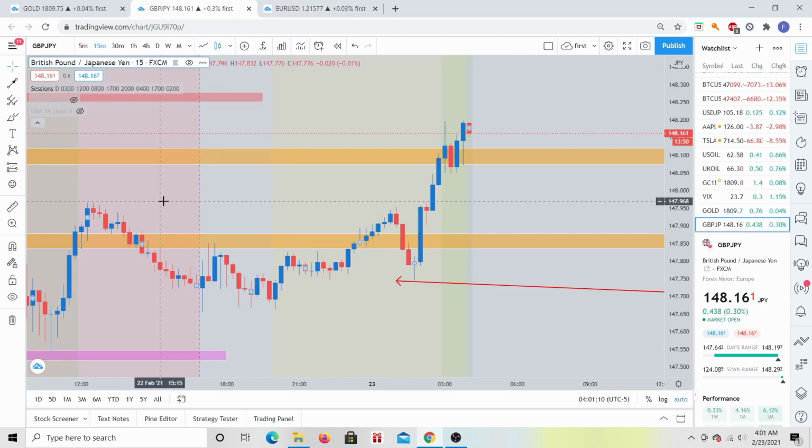Whereas the GJ, which is the British pound Japanese yen, you can see a result in like 15 minutes to an hour, because it's not wise to hold a trade past, say, 45 minutes. So you can take a trade and go on with your day-to-day lives, because you've got to know when to step away from the chart.